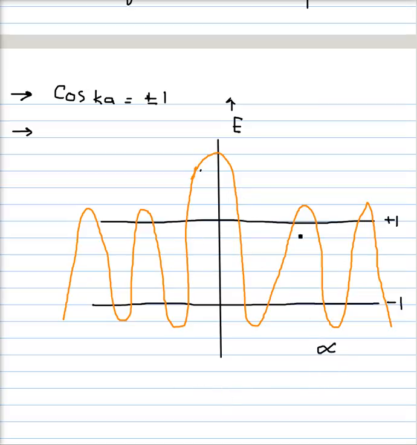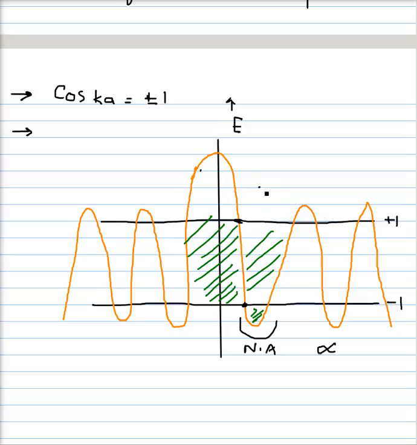This means that the sinc function which occurs between plus 1 and minus 1, that is this function, will be allowed, whereas the one which is outside will not be allowed. So the outside values which are these are not allowed, and the values which lie from here to here are the allowed values.